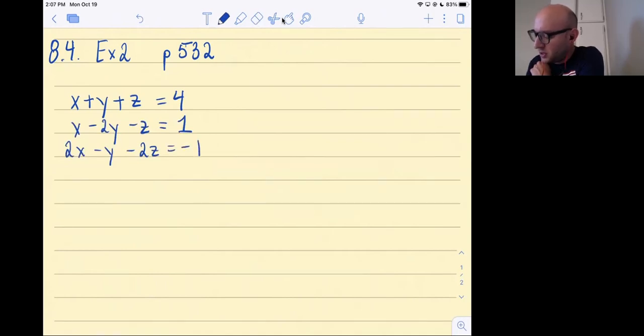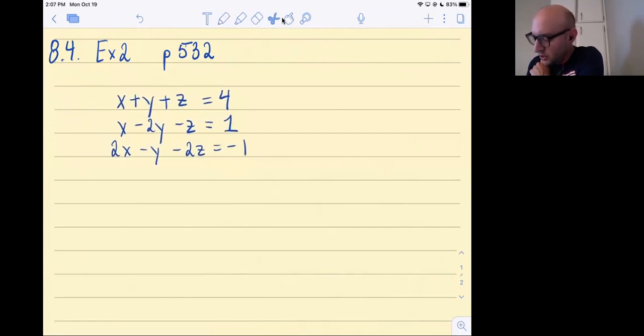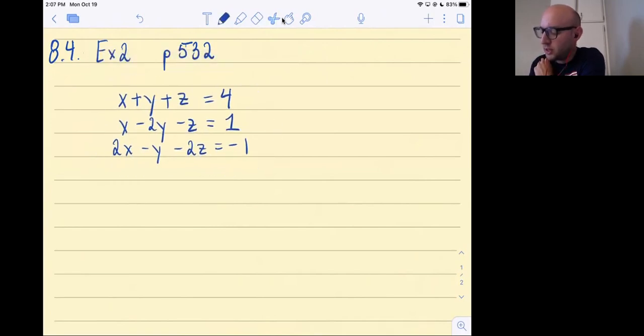So we have 3 equations and 3 variables. We're going to do this basically like elimination and turn this into a 2-by-2 problem. So I'm going to label this carefully: equation A, equation B, and equation C.